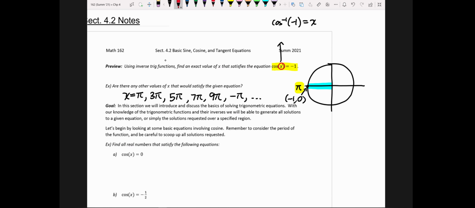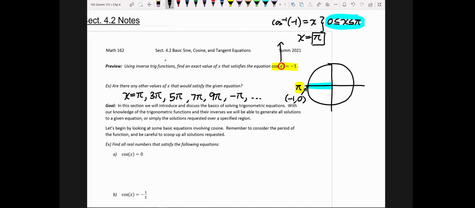However, the inverse trig function only gives you one solution, because to define it as a function, it has to generate exactly one output for every input. So inverse cosine only gives you the solution in the restriction, which means inverse cosine of -1 is just pi.